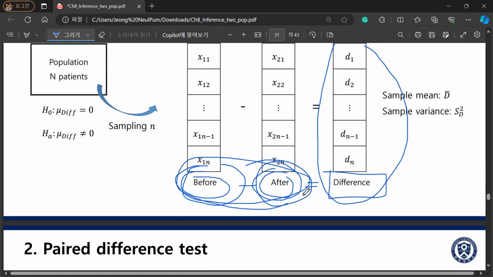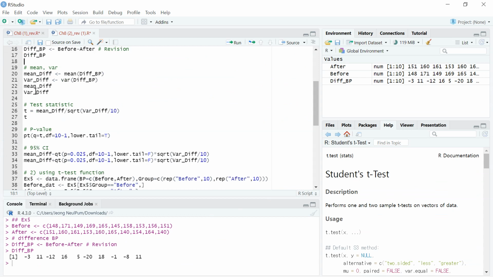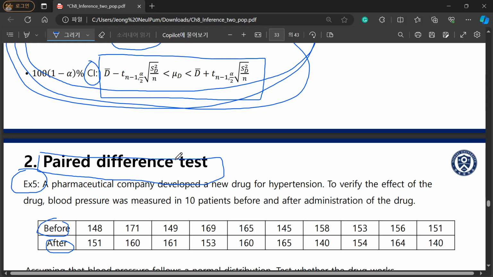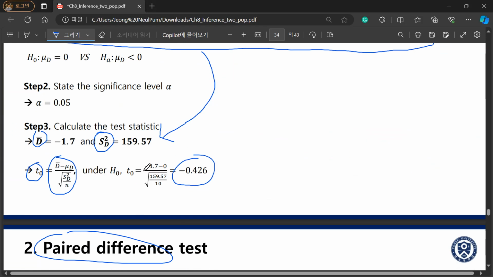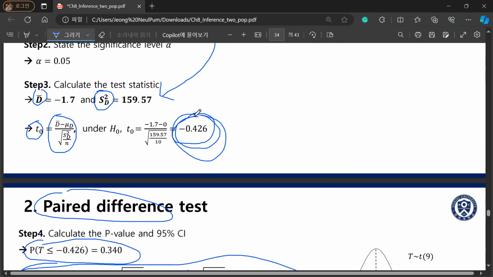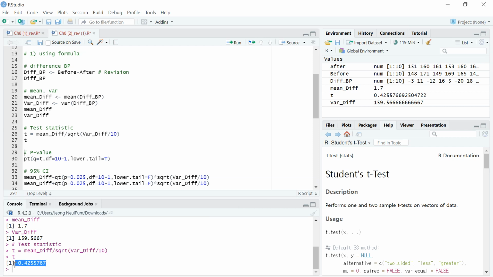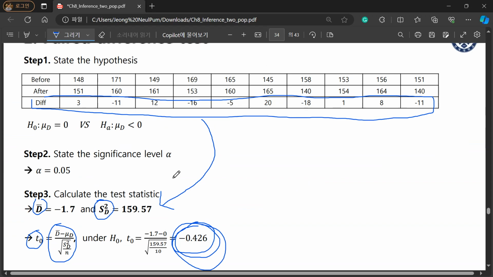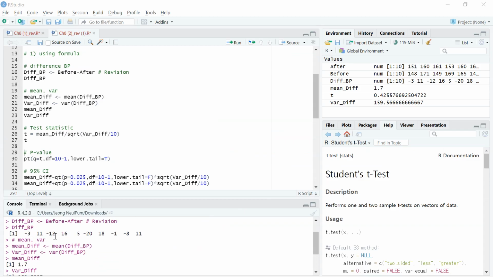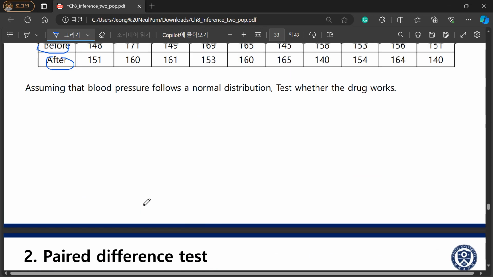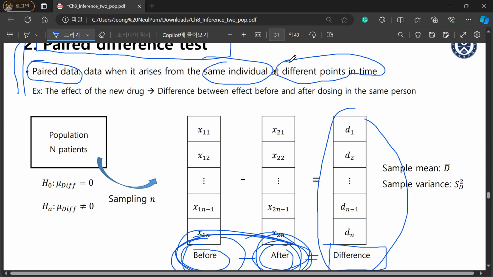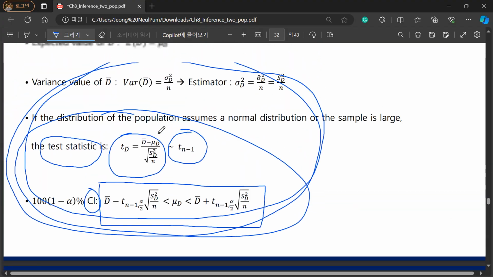It is a fact, and then we have to get the mean and variance of the difference vector, and then you can see that the test statistic here is the same as 0.42. Yeah, I'm sorry.